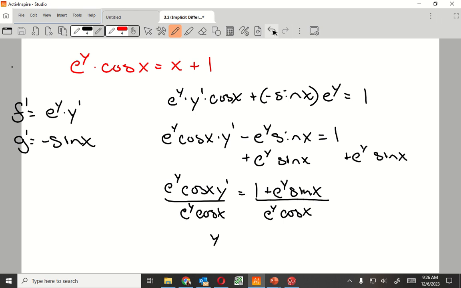So y prime is equal to 1 plus e to the y sine x over e to the y cosine x. So depending on your penmanship, you could actually look back at this problem and clearly see how a y prime could get lost in all of this.